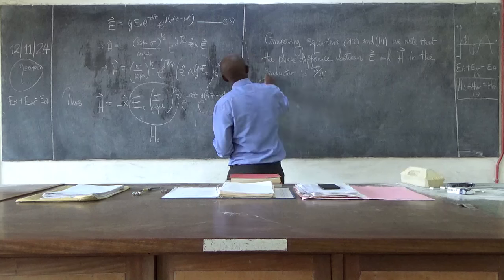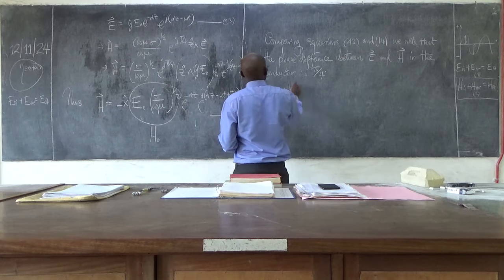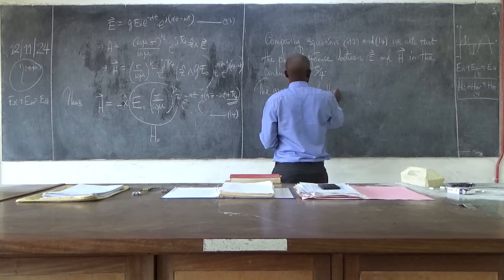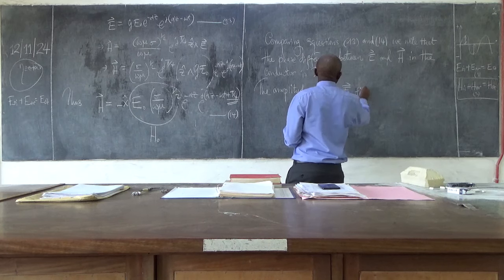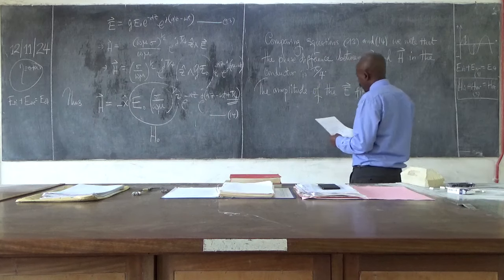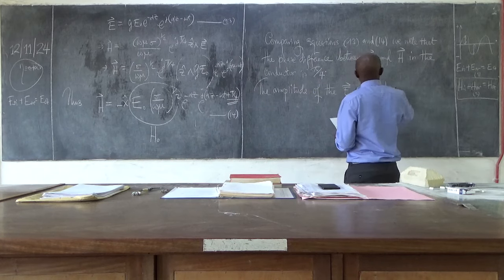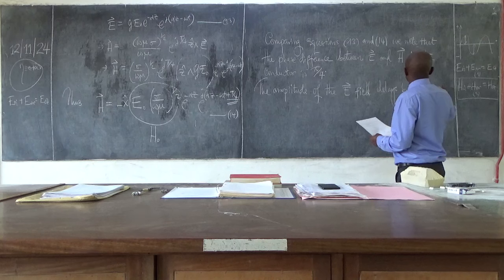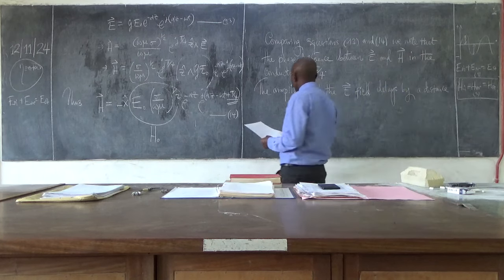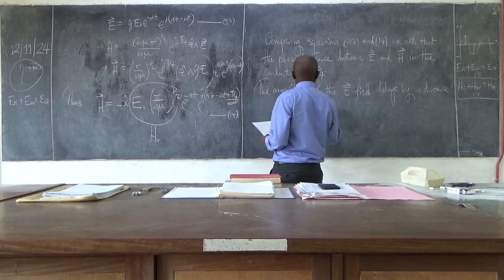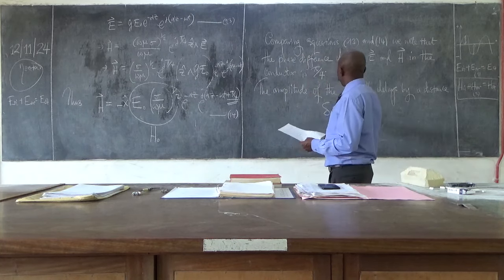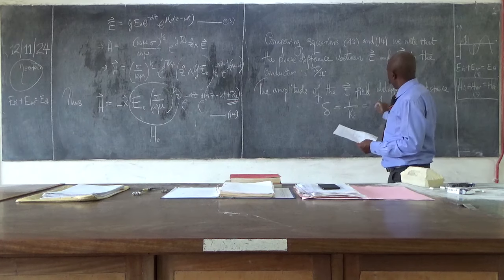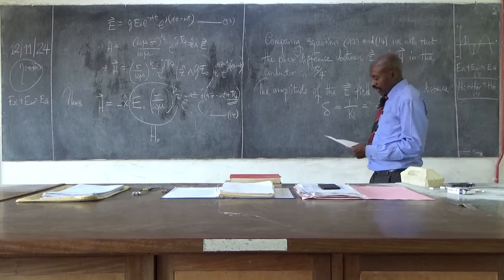The amplitude of the E field delays by a distance delta, which is the same as 1 over alpha.